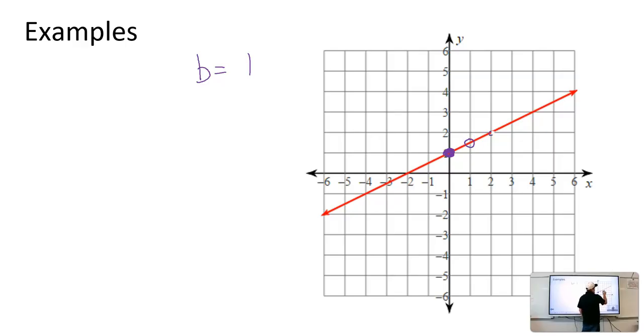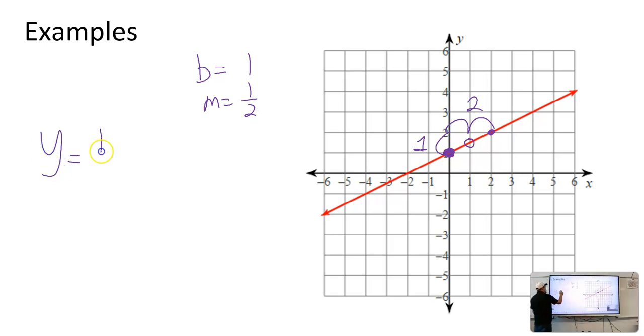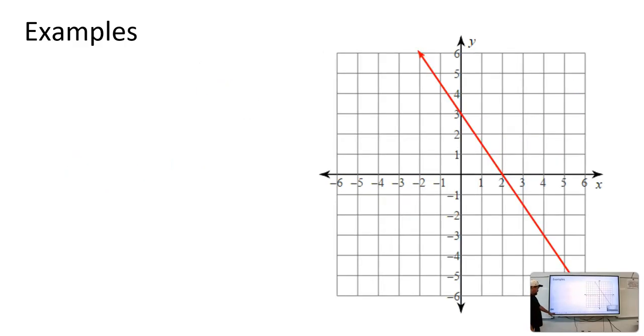Doesn't look like it, but it looks like I'm crossing an intersection right there where those lines cross each other. So what's the rise from here to here? I'm going to go up 1, and I'm going to go right 1, 2. So I went up 1 over 2, which means my slope is 1/2. So we're just going to write it as y equals 1/2 x plus 1, because my y-intercept was a positive 1.